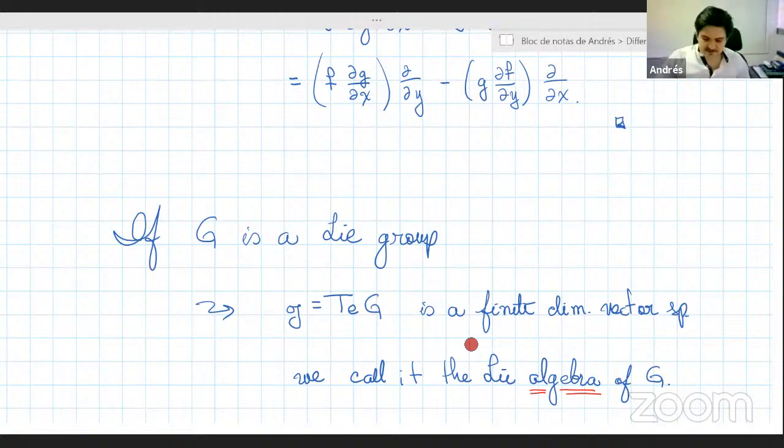Pero bueno. Okay. No, sí, no está muy bien.